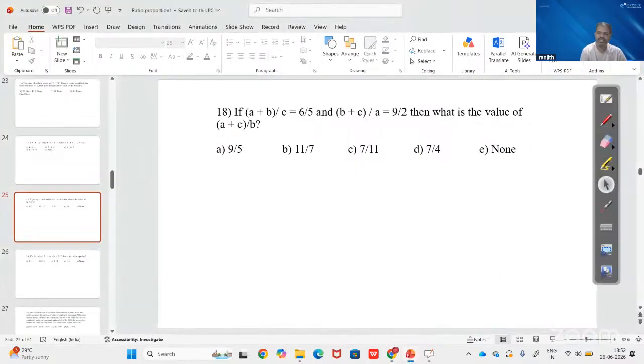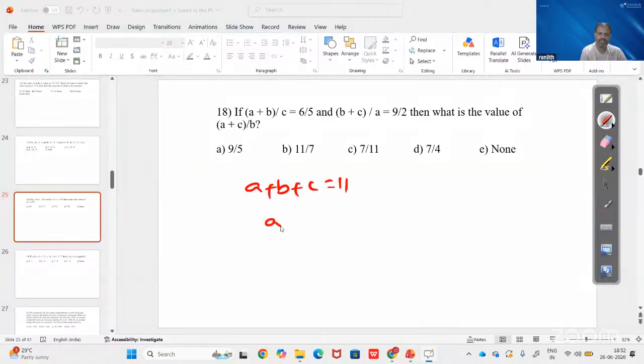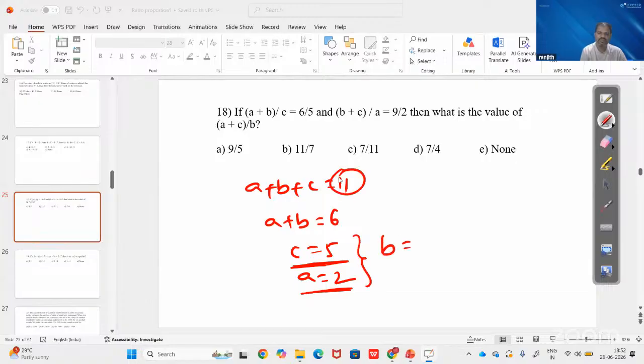ఇక్కడ అబ్జర్వ్ చేస్తే A plus B plus C equal to 11, where A plus B equal to 6, C equal to 5, here A equal to 2. సో మనకి ఇక్కడ C వాల్యూ ఉంది, A వాల్యూ ఉంది. B వాల్యూ రావాలి అంటే, so total will be equal to 11.